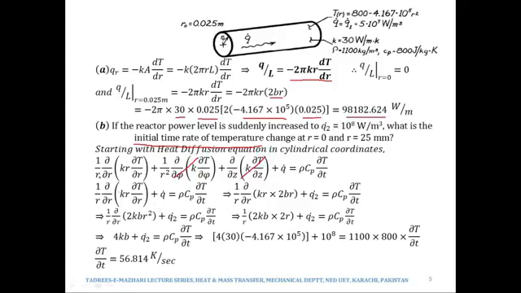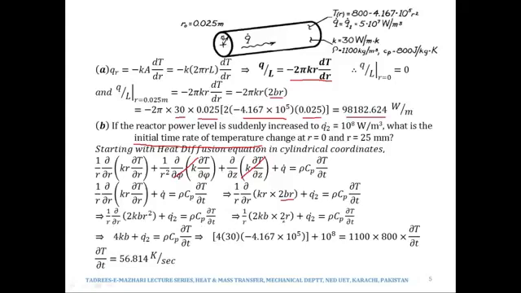So starting from the heat diffusion equation in the cylindrical coordinate system, the second and the third terms vanish. We are left with the first term, 1 over r d by dr of kr dT by dr, plus q dot, the value of which is 10 to the power 8, equals rho c dT by dt. Now dT by dr would be 2br, so this becomes 2kbr square, and if we differentiate it with respect to r the second time, we get 2kb times 2r.